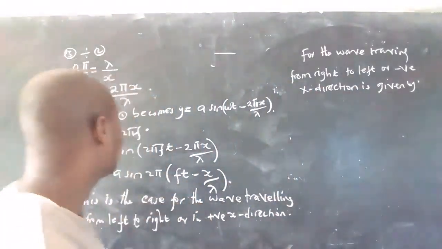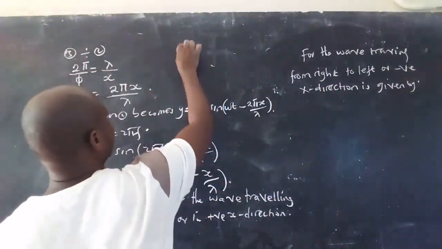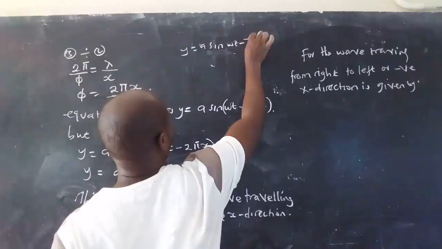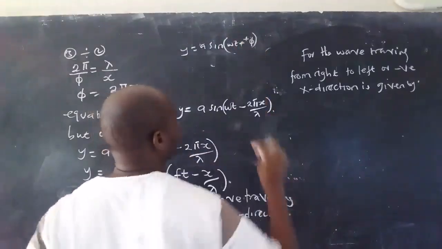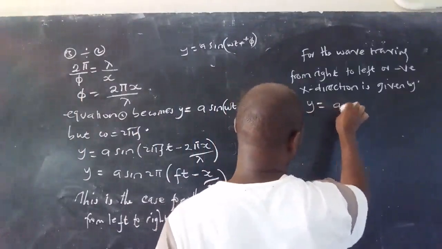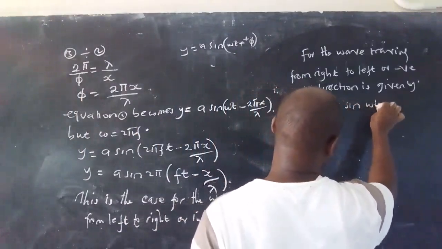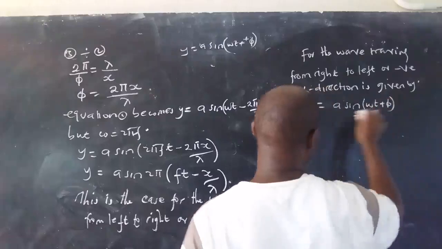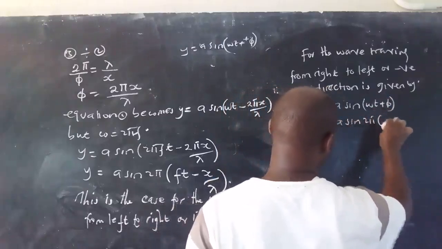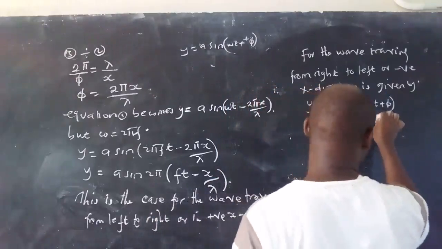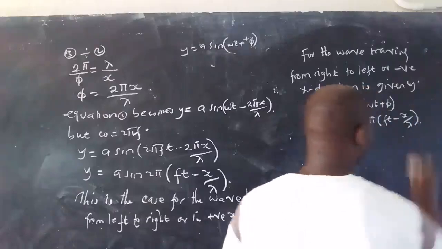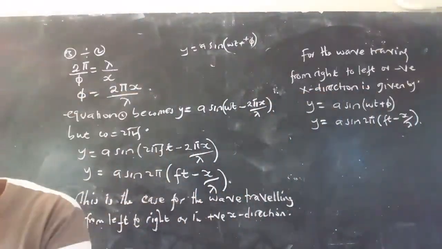So y is equal to a sin omega t plus phi, or y is equal to a sin 2 pi into f t plus x over lambda. Okay, then we look at the examples.